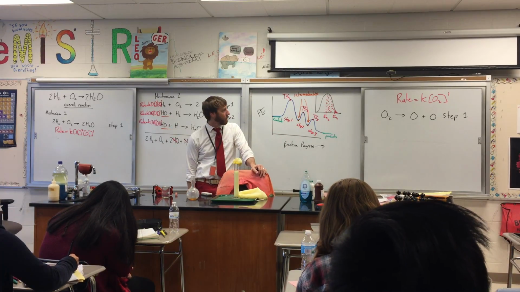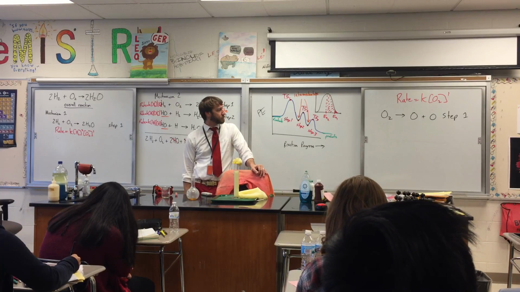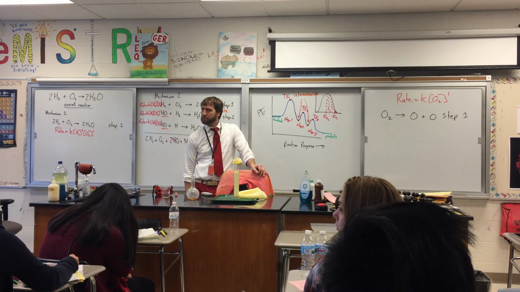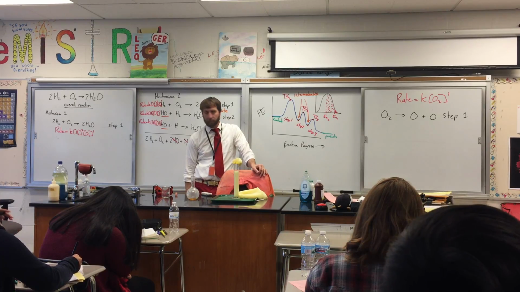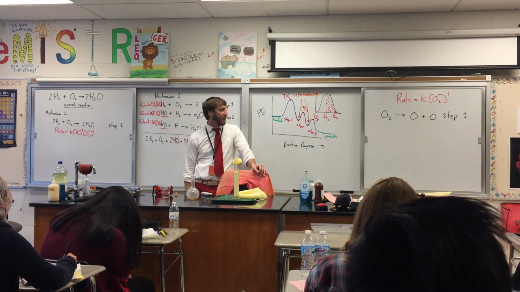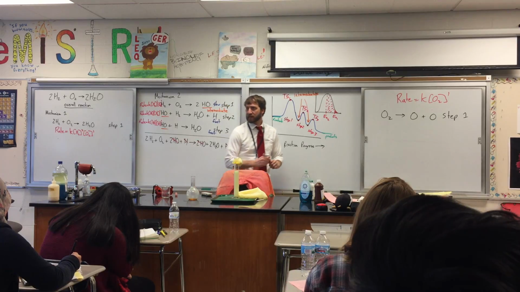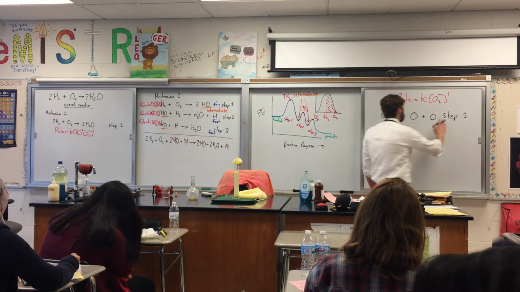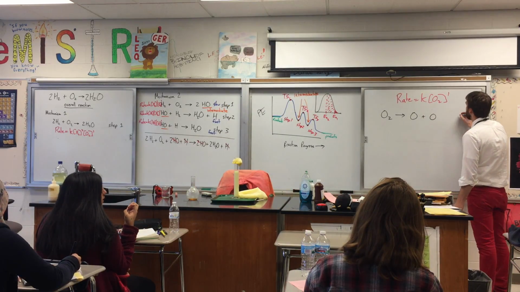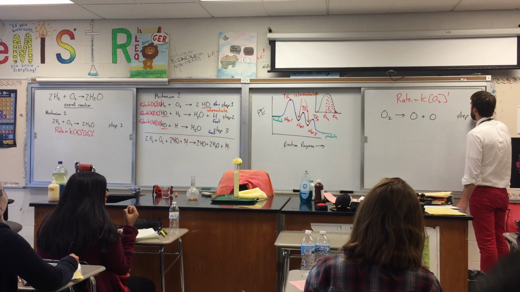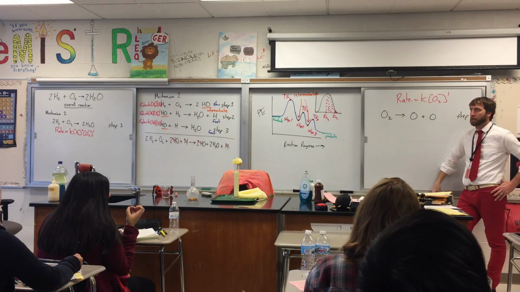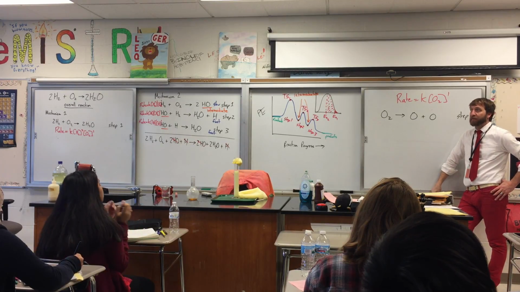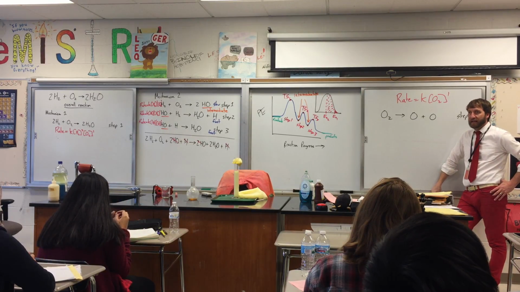So could something like O2 undergo radiation? Radiation? What do you mean, alpha, beta, gamma? That depends on the composition of its nucleus. We haven't really talked about nuclear chemistry. That depends on the ratio of protons to neutrons. But couldn't that also be a unimolecular thing? Sure, alpha decay you could consider to be a unimolecular reaction, right?